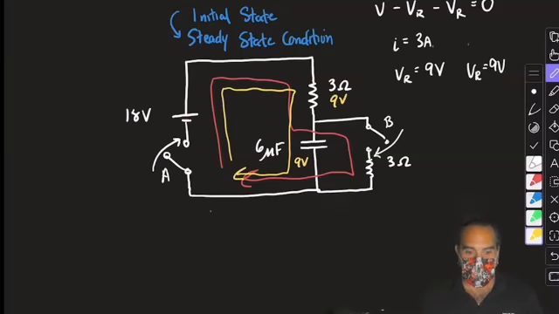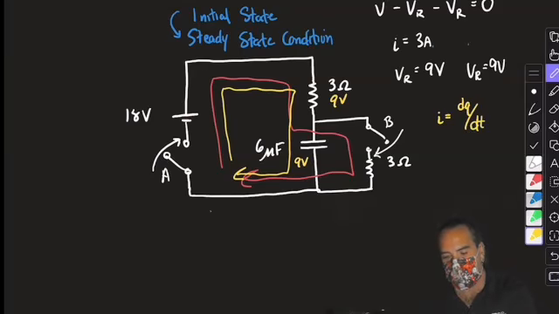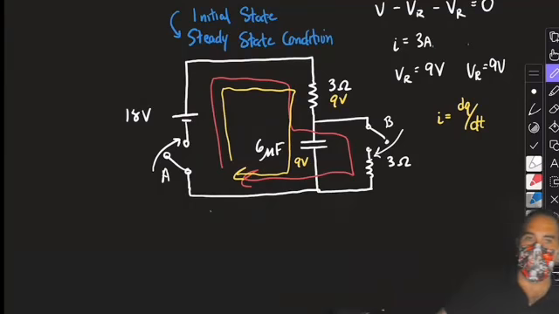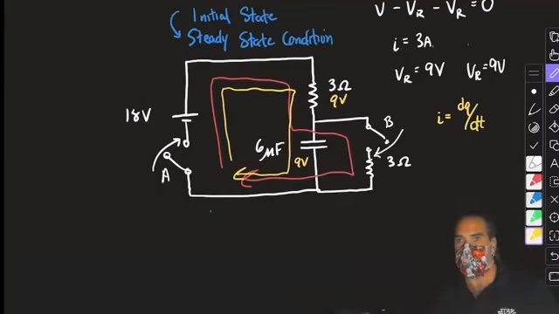And the reason why is because we know the definition of current isn't necessarily based on an idea of a constant. Our definition of current is based on the fact that it's a derivative, it's a rate. We should be able to develop a function for the current in this circuit that describes the rate at which the current changes, and therefore the rate at which these capacitors charge and discharge.